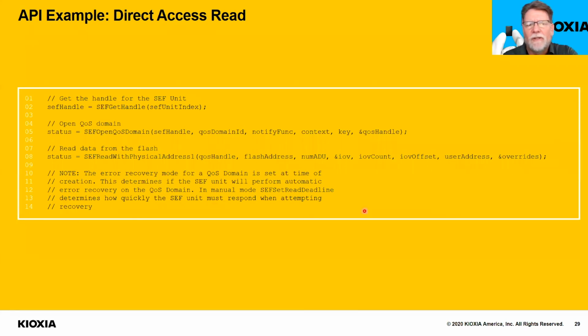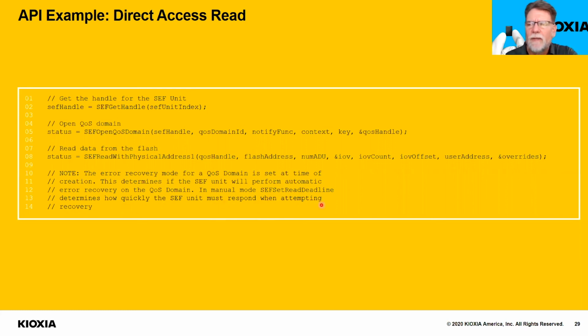In manual mode, there's a function called SEF set read deadline that determines essentially what the recovery time budget is, so that you can specify how much time the SEF unit will spend trying to recover data when an error has occurred before aborting the operation with an error response.